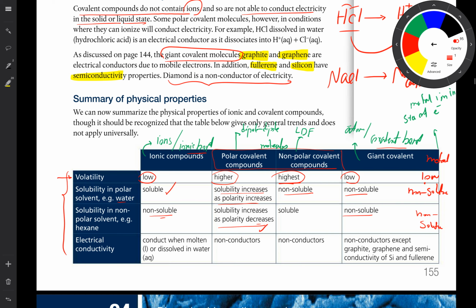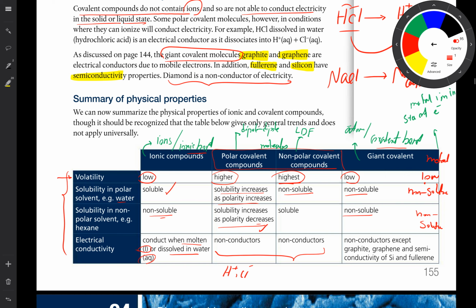Okay, electrical conductivity. Ionic compounds in the solid state are not conductive, but when you melt them into the liquid state or dissolve them in water, in aqueous solution, they become conductive. Polar and non-polar molecular compounds are not electrical conductors, but if you dissolve a molecule in water and it produces ions, like HCl, it can be conductive in solution.